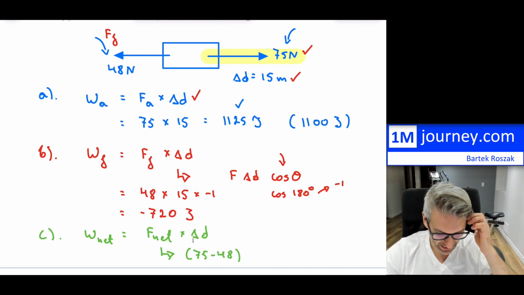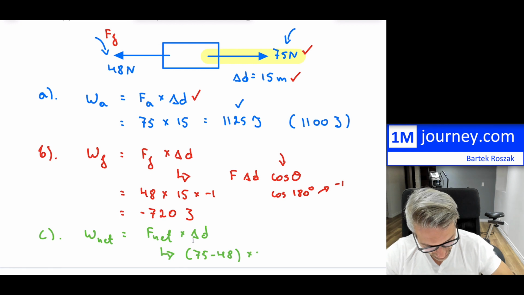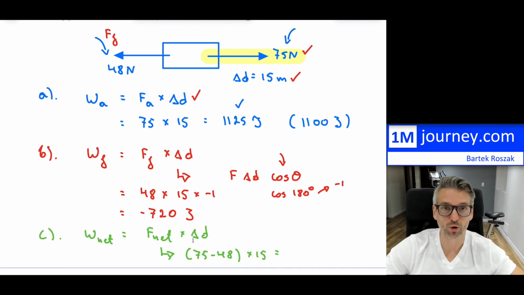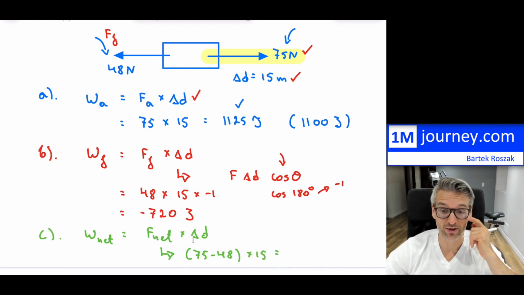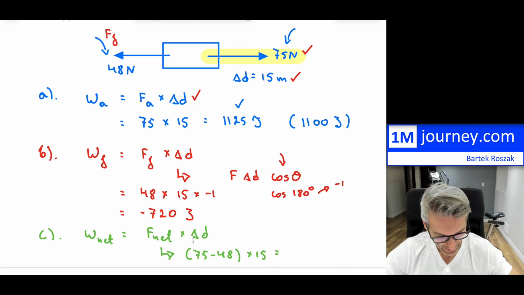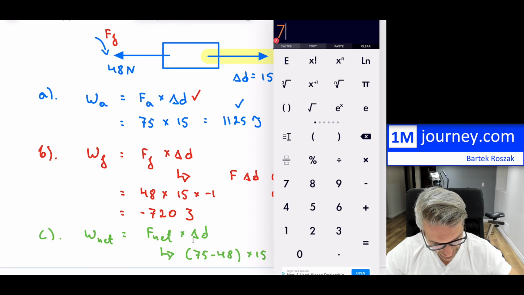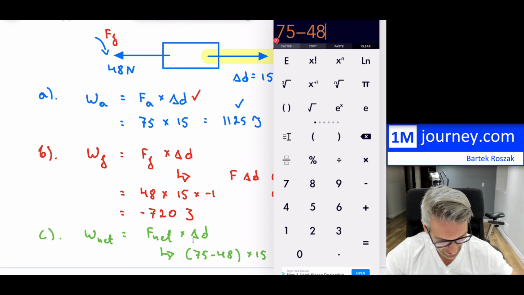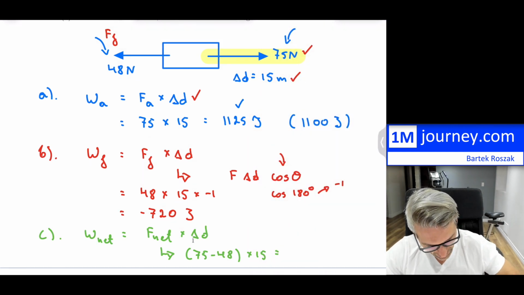This is in the same direction as my displacement of 15, so I'm not going to worry about the cos of the angle, because the cos of 0 is 1. So what you get is 75 minus 48, which is 27, and then 27 times 15, which is 405. So that is 405 joules.